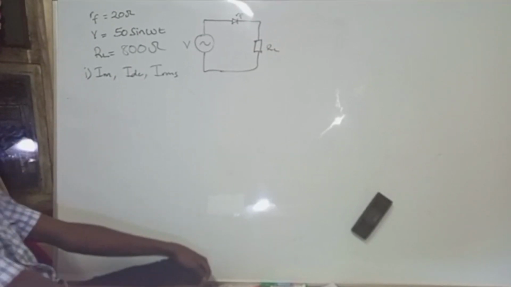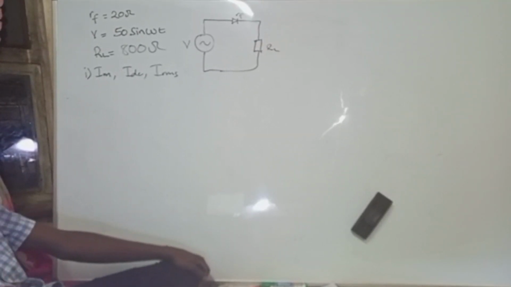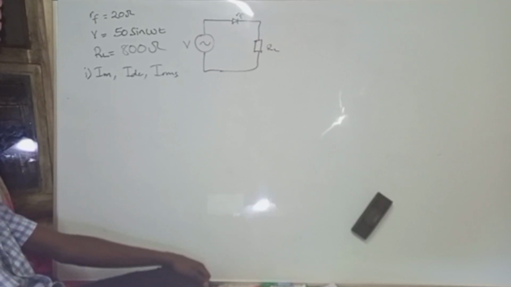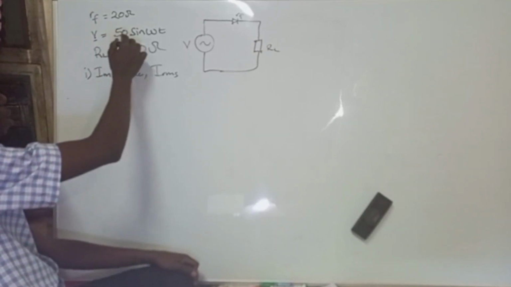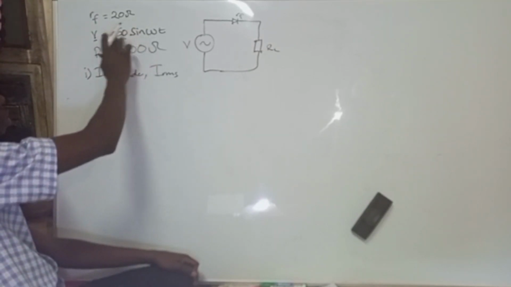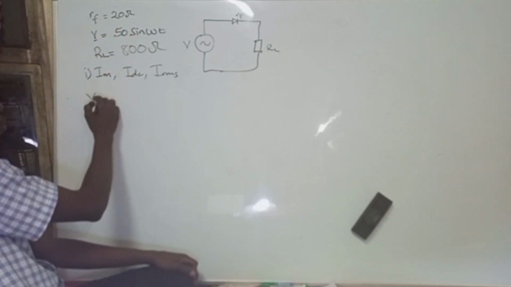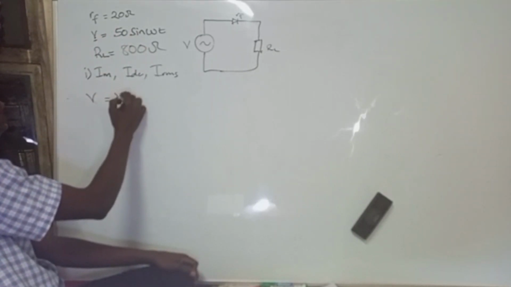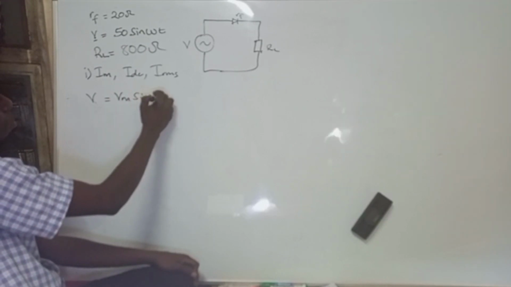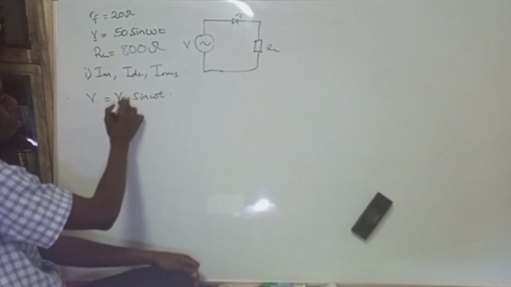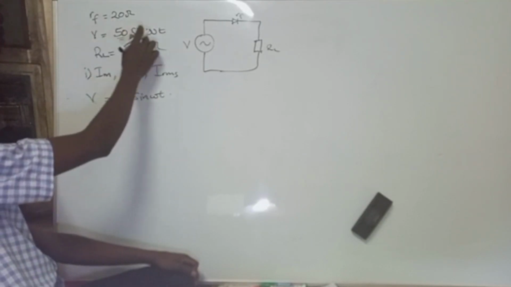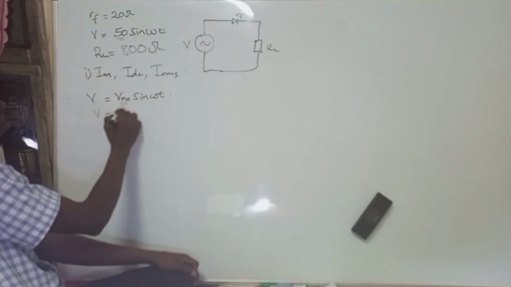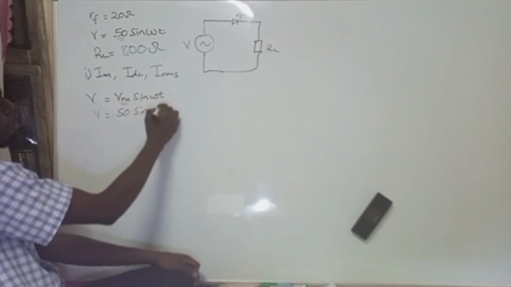Whenever they mention that the voltage V equals 50 sine omega t, you know that they have given you something. This V is the instantaneous voltage, equal to Vmax sine omega t. The general equation is V equals Vmax sine omega t, so our Vmax here corresponds to 50. When we rewrite this equation, V equals 50 sine omega t.